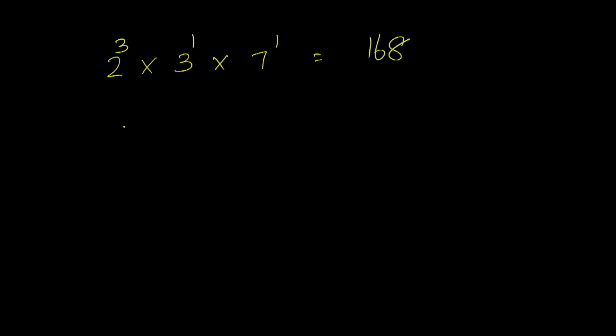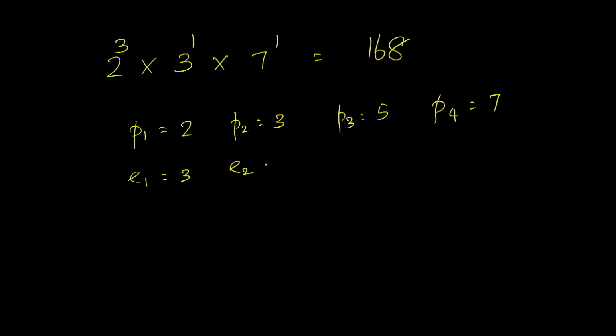So, in this canonical prime factorization, we have p1 equal to 2, p2 equal to 3, p3 equal to 5 and p4 equal to 7. E1 is 3, E2 is 1, E3 in this case is 0, because 5 has an exponent of 0 in this case, and E4 equal to 1. We do not consider the primes which are greater than 7, because the exponents of all of them are 0.